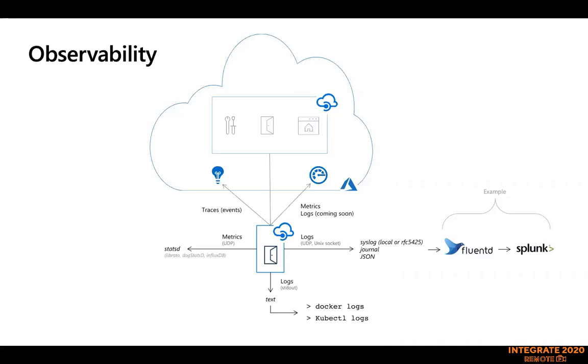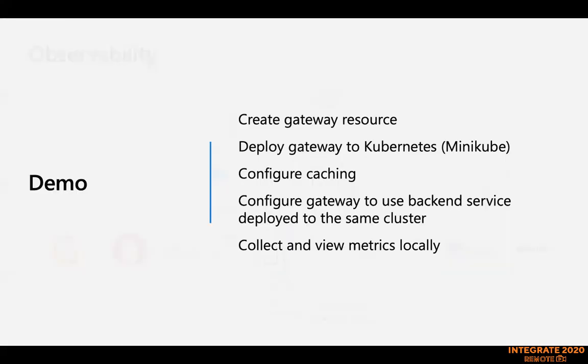Similarly with metrics, it supports statsd in a bunch of different formats, and those can be consumed and displayed using a fairly large number of solutions that are available freely. So you can monitor in the cloud, on-prem, or both. It's all very flexibly configurable, and you can choose whatever configuration you like.